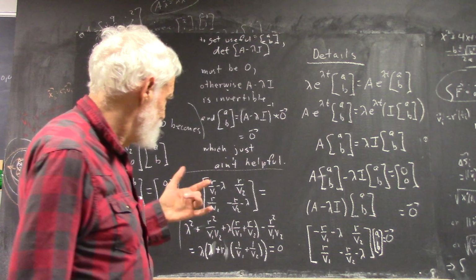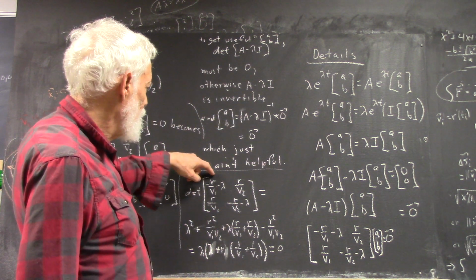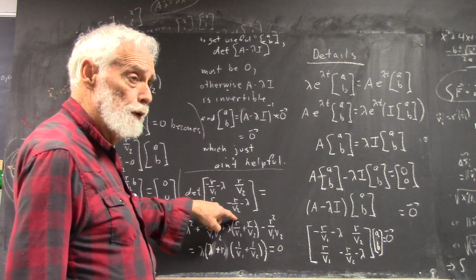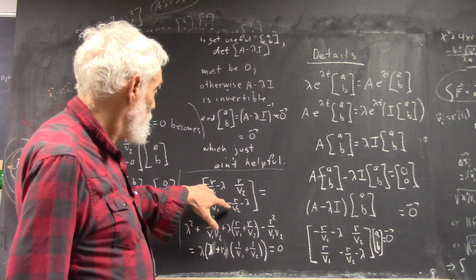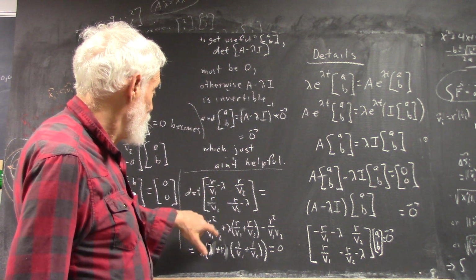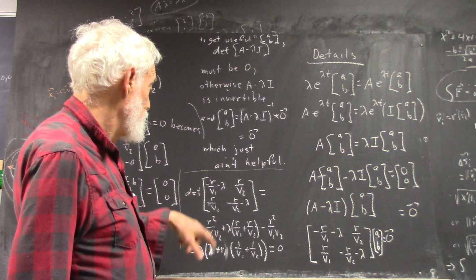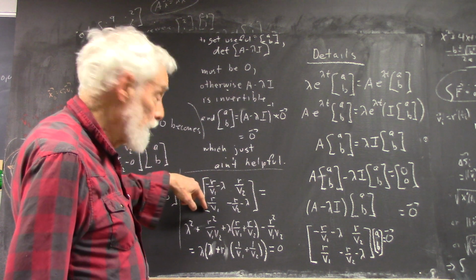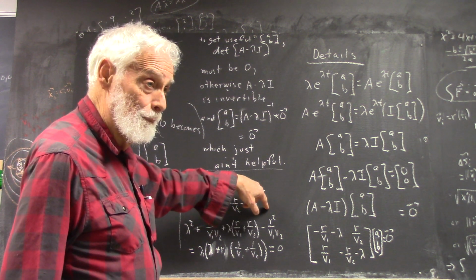We notice, among other things, that since we just have the R over V1 and the R over V2 here, we're going to have them here too. And when we multiply these two terms, one of the terms we're going to get is the R squared over V1, V2. But this is going to give us a negative R squared over V1, V2, so those two terms are going to go away.